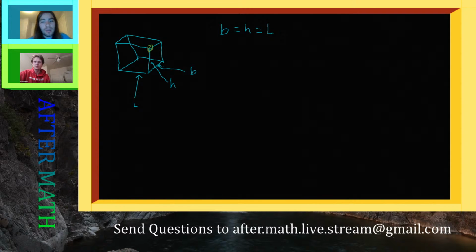To find the volume of any rectangular prism, it's base times height times length, and this equals the volume. If they are all the same, choose one. Which one do we want to use, base, height, or length? Let's just use the base.